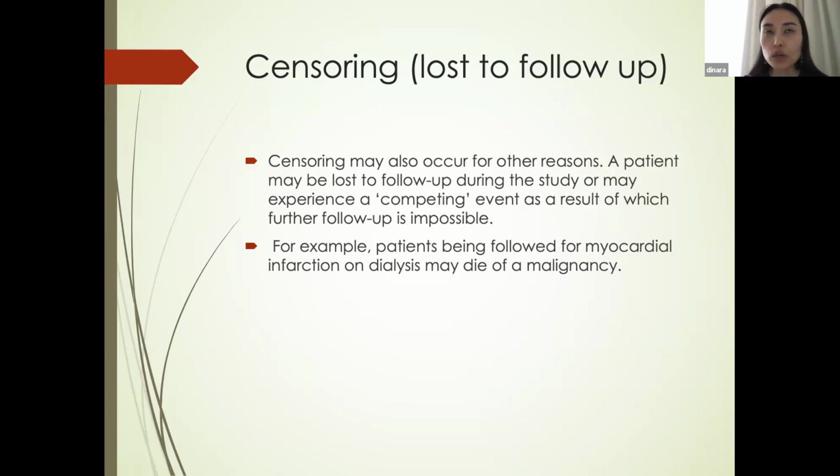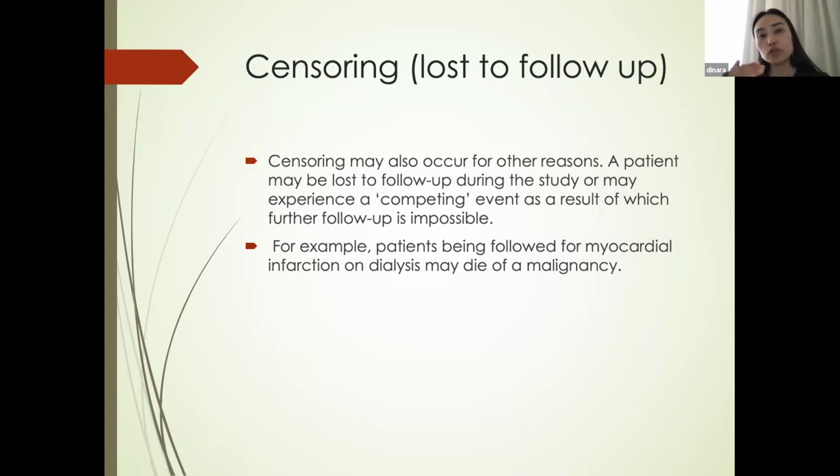What is a competing event? A competing event is another event that happened before the event of interest. For example, if you follow the patient from the start of renal replacement therapy and you are interested in death from myocardial infarction, but your patient died from, let's say, malignancy. So the malignancy is a competing event, and you need to censor the patient when he experienced the competing event.